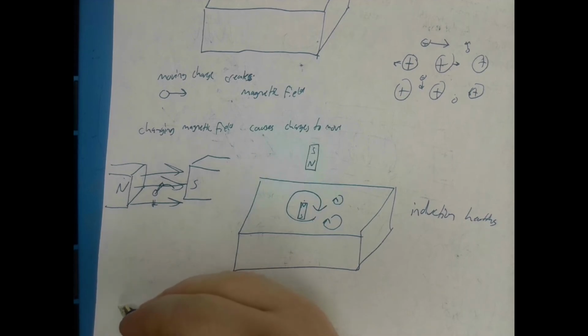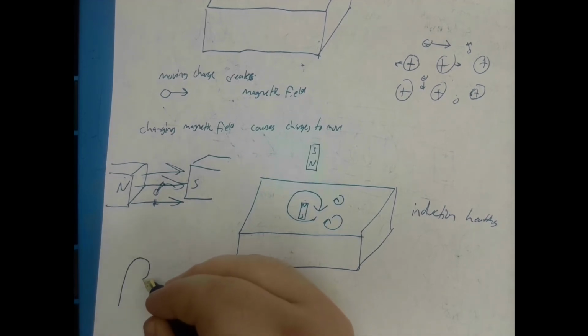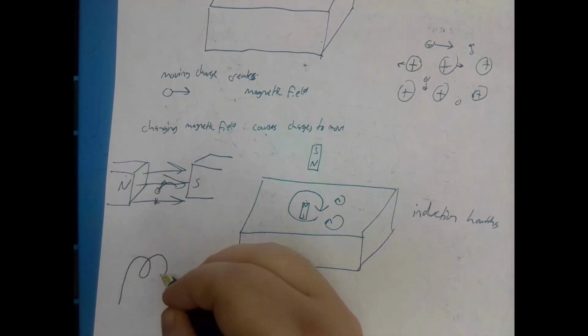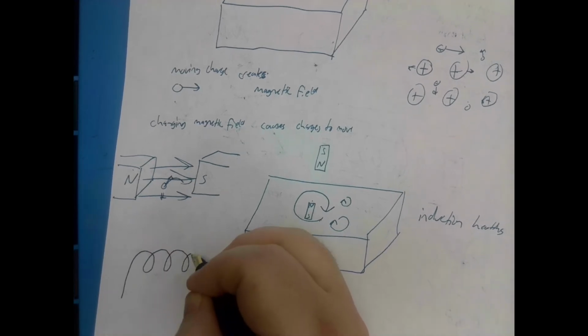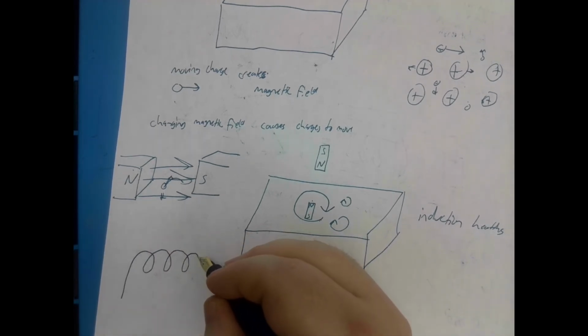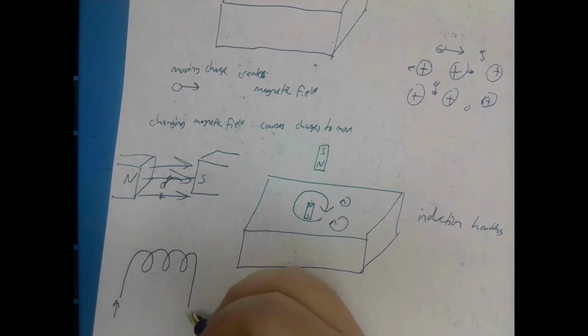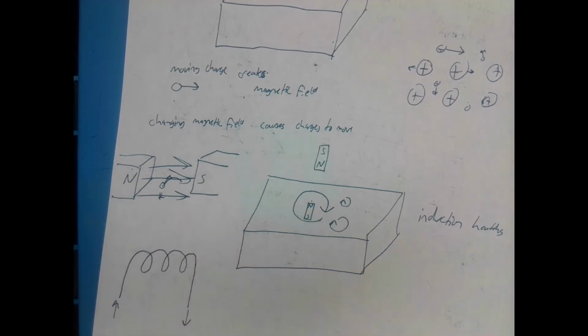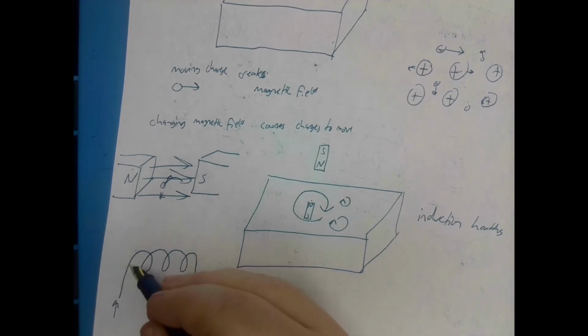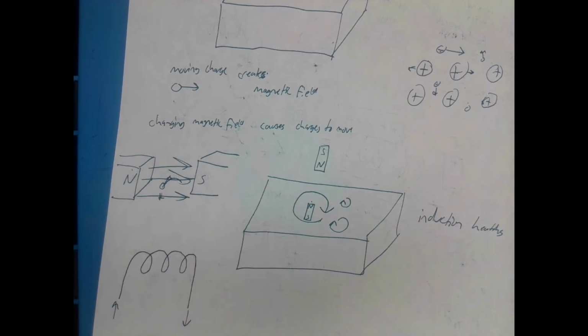So if I had a solenoid, and the current is going in this direction and out this, where, let me make sure I got the notation right.